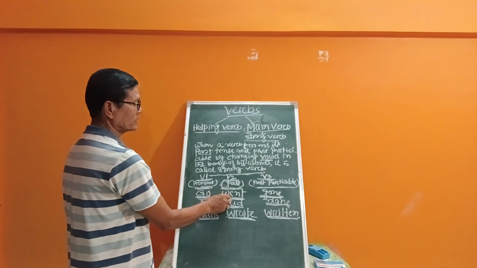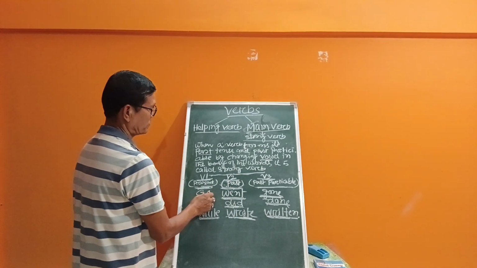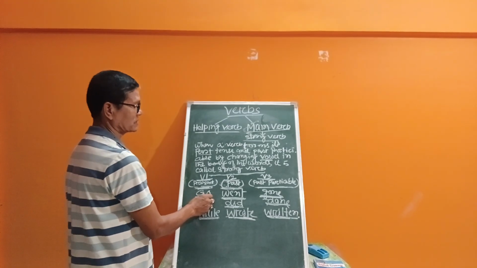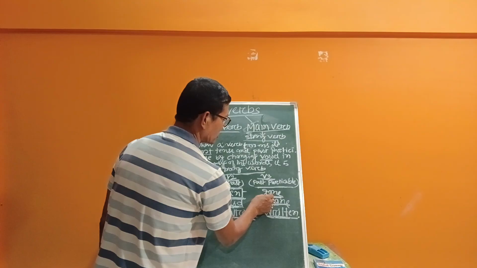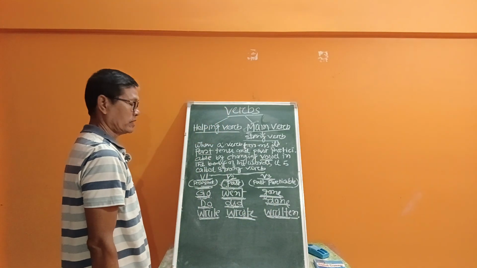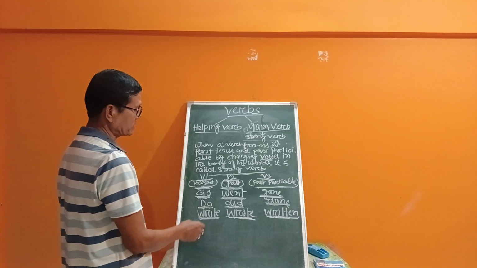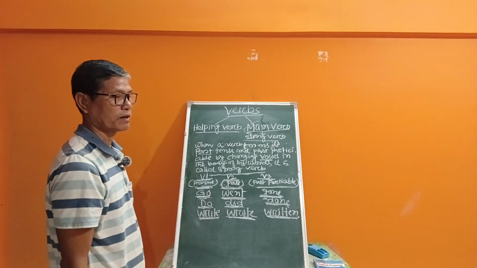That's why went is a past tense made from the present tense by changing the vowel, and gone is a past participle made by changing the vowel in the body of the word. That's why all these are strong verbs.